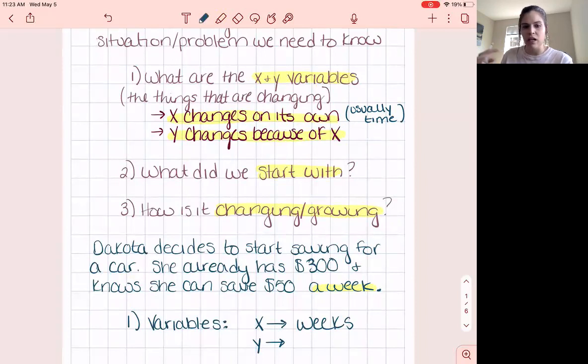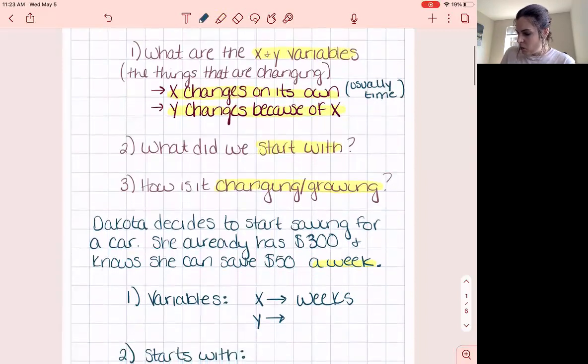Every week, what's changing is the amount of money she has saved. So Y, which is going to be money, is what changes. Again, the Y changes because of the X changing. We can't stop and start time. So X changes on its own, the week happens, and as the week happens, more money is saved.